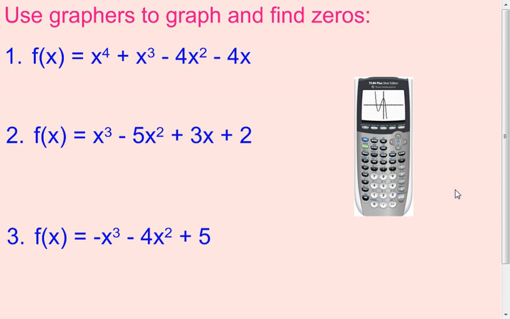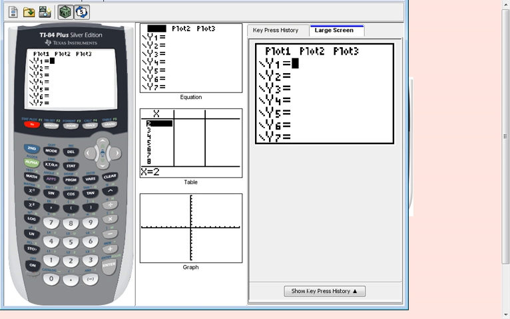So someone tell me what to do here. Yes, we're going to put it on our calculator. Okay? X to the 4th. Do you guys know how to get the exponent key? X, and then here's the exponent key. To the 4th plus, what was it? X to the 3rd.